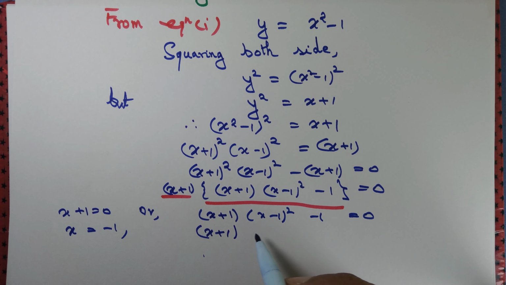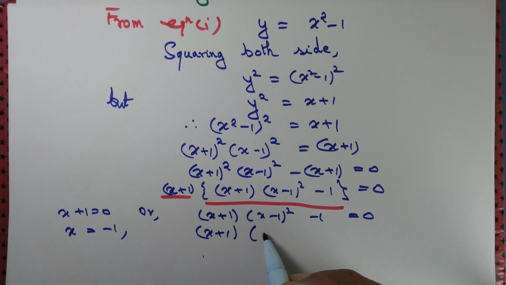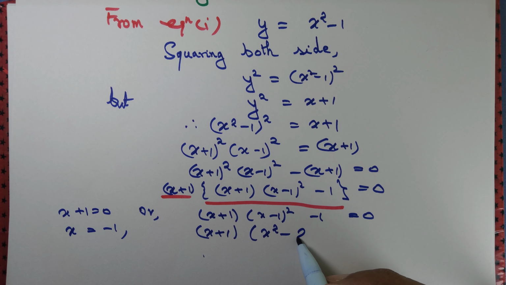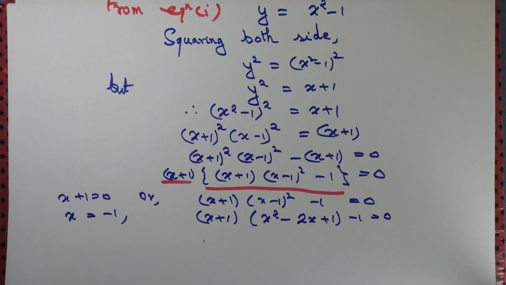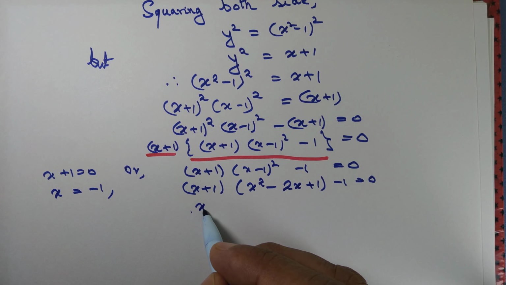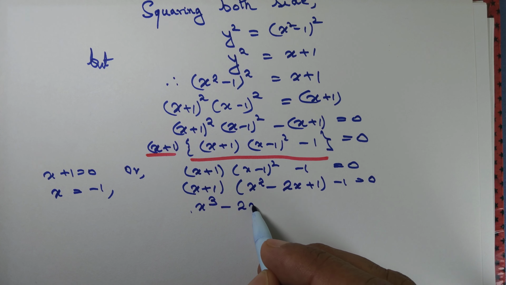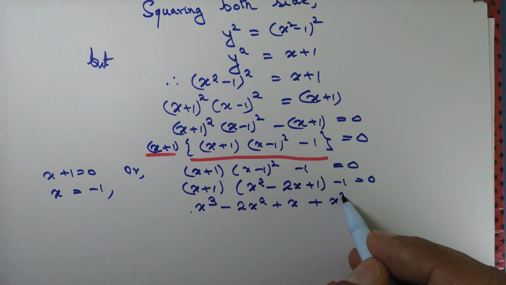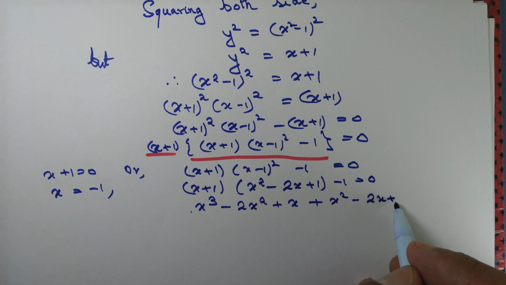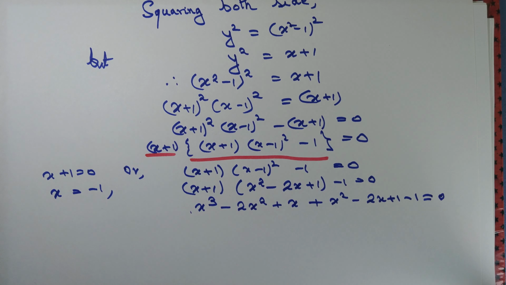(a − b)² is a² − 2ab + b², so (x − 1)² = x² − 2x + 1. Once again we multiply with x + 1 to obtain x³ − 2x² + x + x² − 2x + 1 − 1 = 0. Now 1 − 1 we can cancel out and we can take x common.